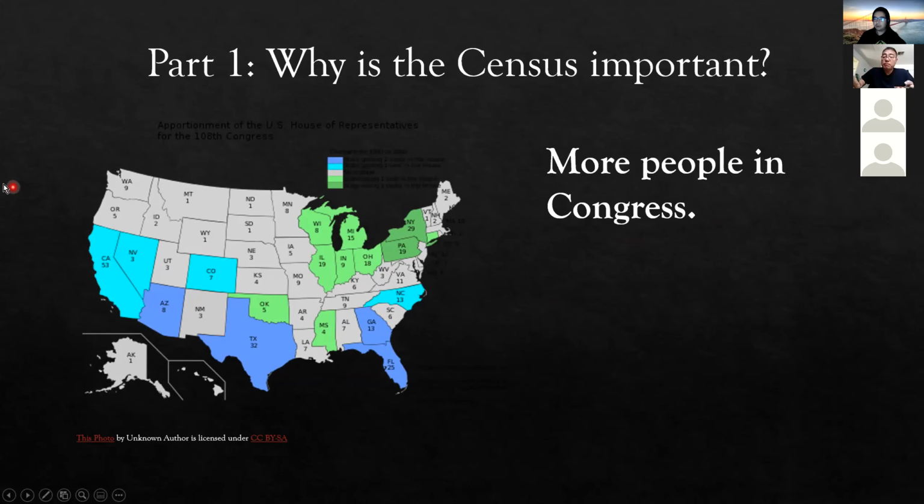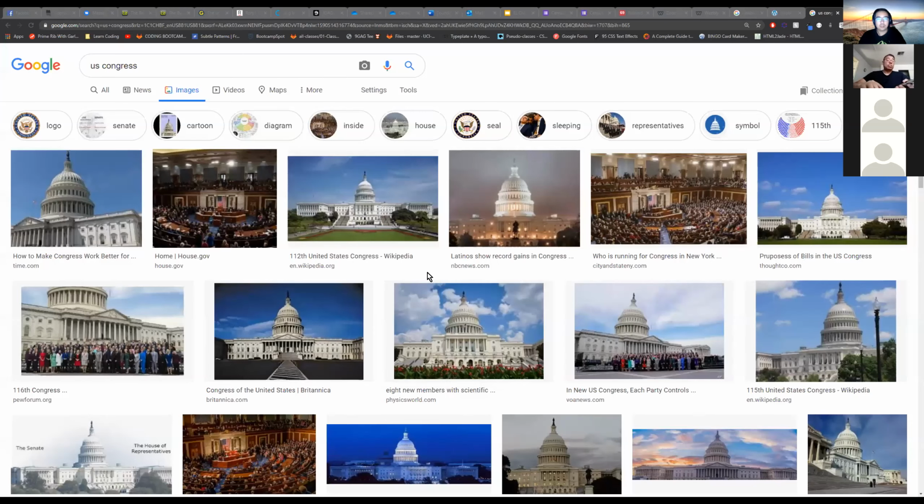Do you know Congress? Congress is the US government. Let's see here if I can show you this one. 会，美国的国会。 Congress is the US government. Do you know Washington, D.C.?